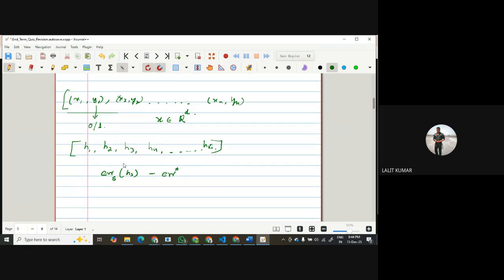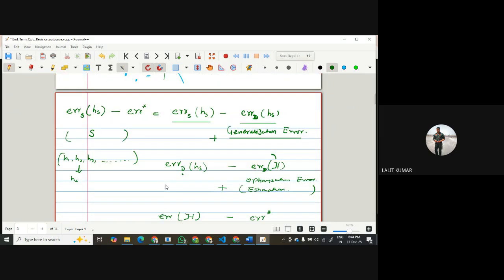So I have broken this down into three parts. First, R(h_S) minus R_D(h_S): I select a model and train that model. What is the train error? And this is the test error. So this is train error and this is test error. The second is the test error minus the error of the best model from this hypothesis class, the best model error.